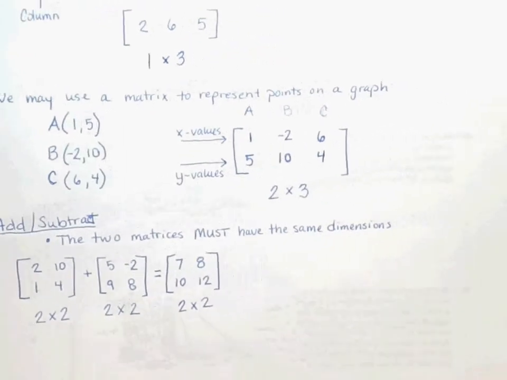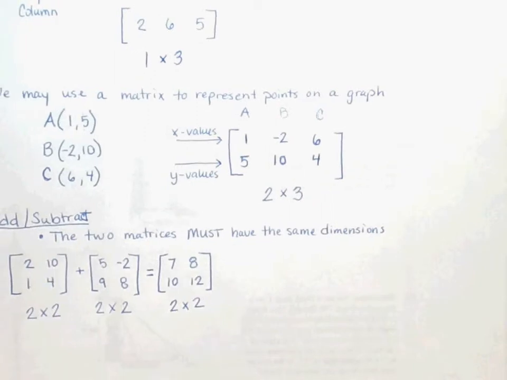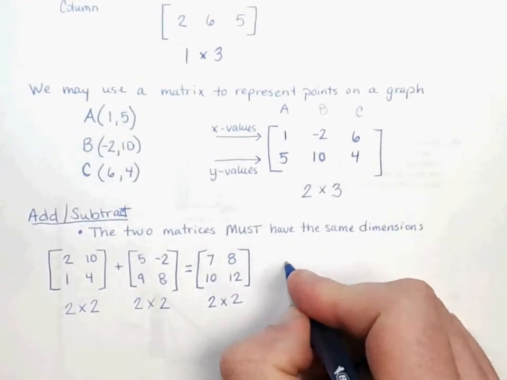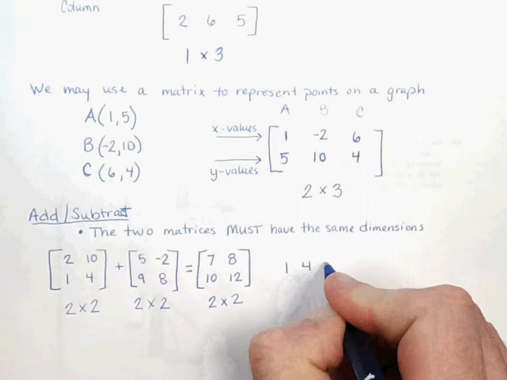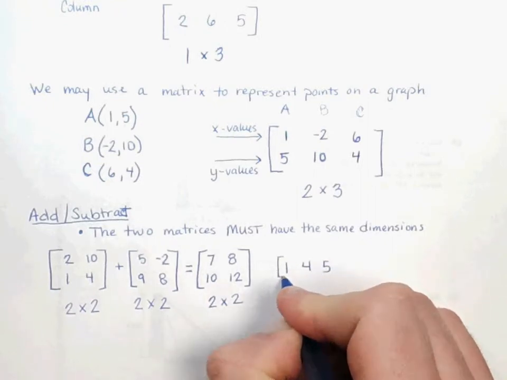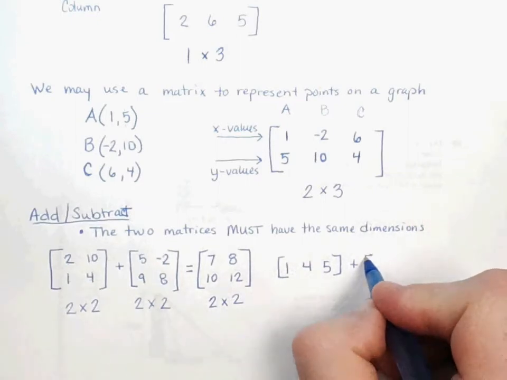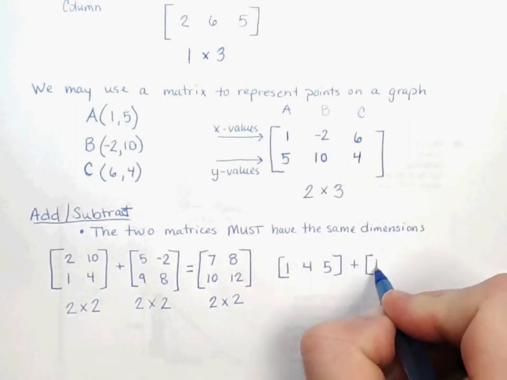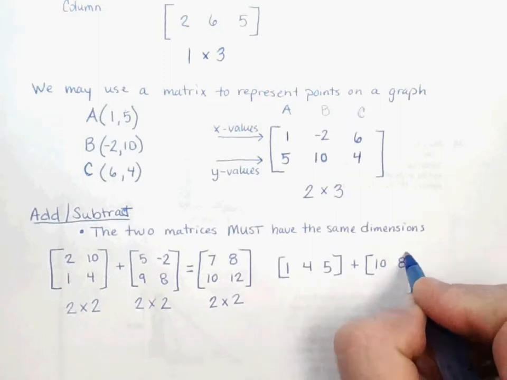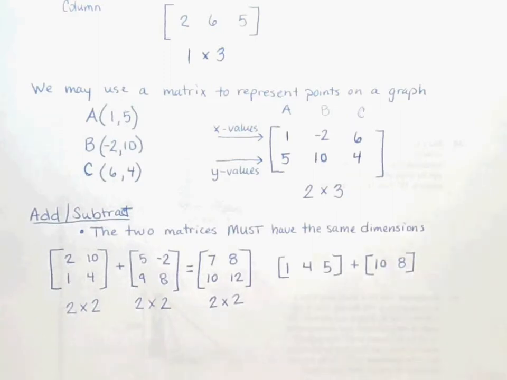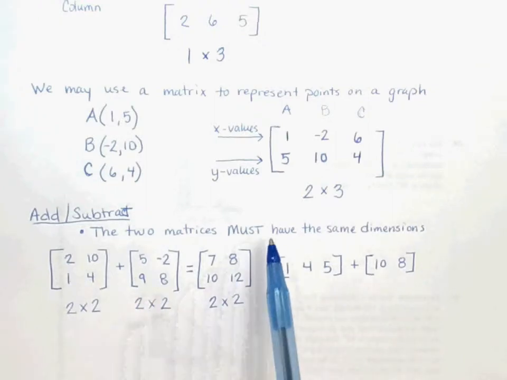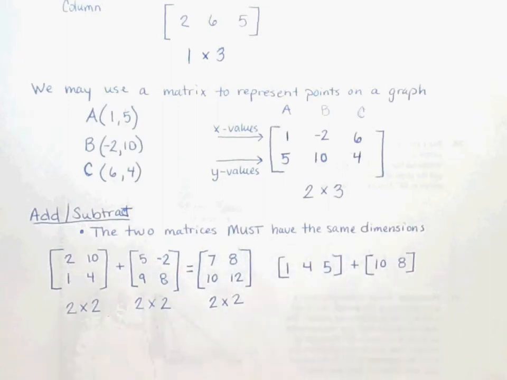Right? So let's look at another one. Let's say we've got this matrix plus that matrix: 1, 4, 5 plus 10, 8. Now, first we've got to check and see, do they have the same dimensions?